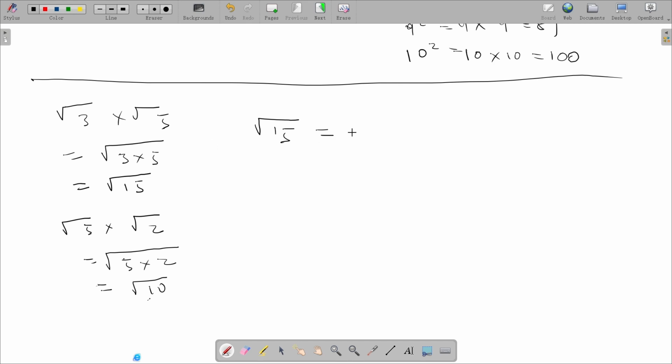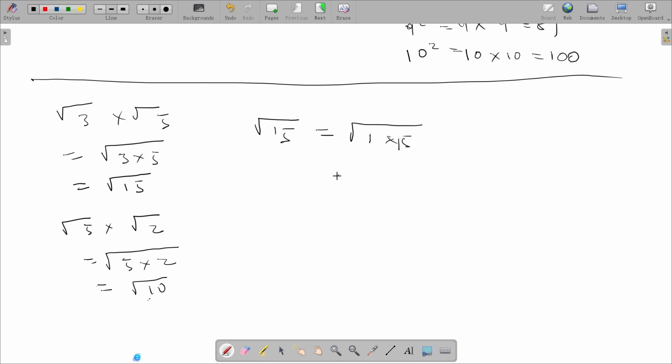So square root of 15 is the same as square root of any pair of factors of 15. Of course, it's the same as square root of 1 times 15.